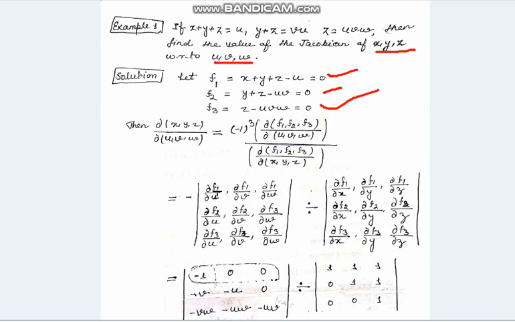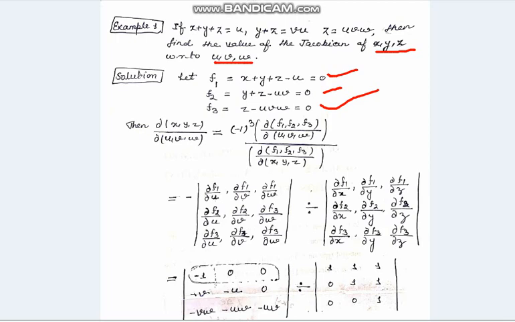Now we differentiate f1 with respect to u, from here minus 1, with respect to v 0 because v is not here, with respect to w again 0, and similarly we will calculate all these values: minus v, minus u, 0.